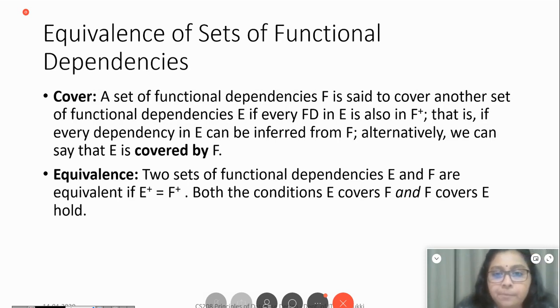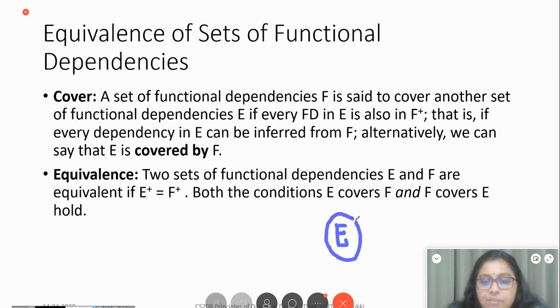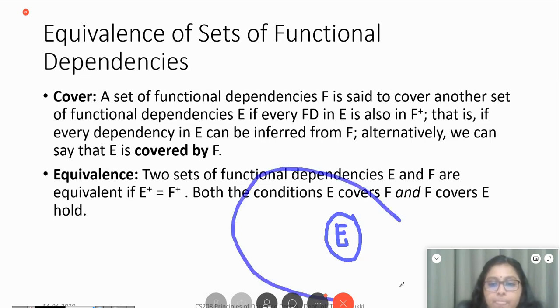Say you have my set E here, which is a set of functional dependencies E. Then let's assume this is set F plus.